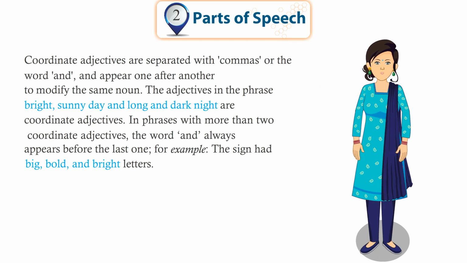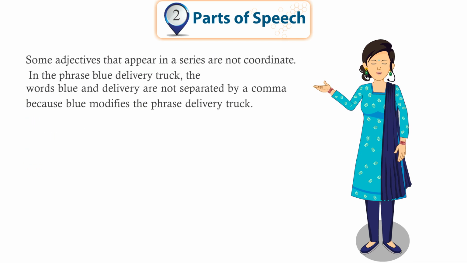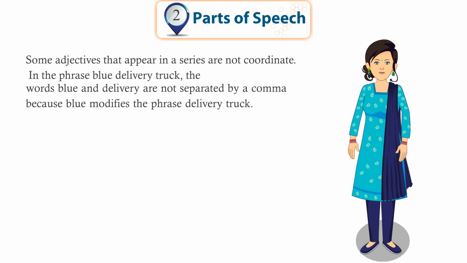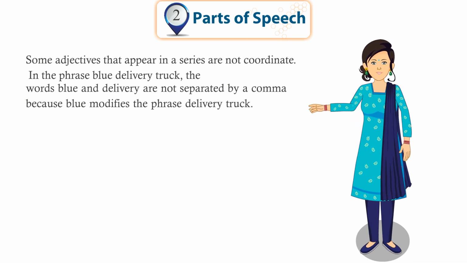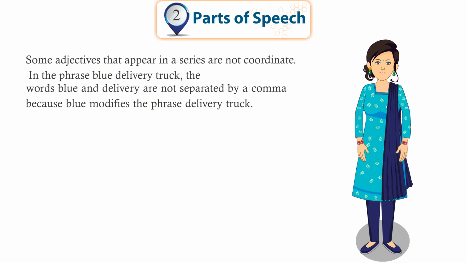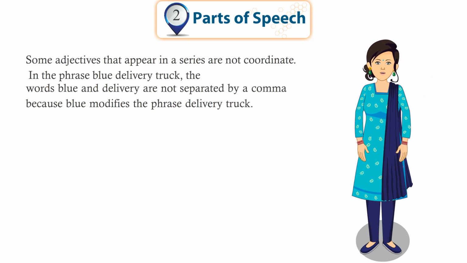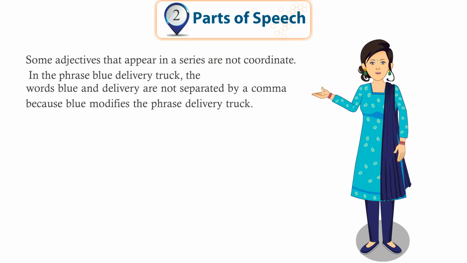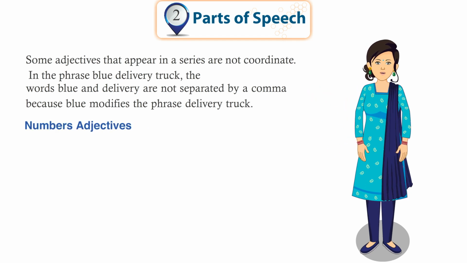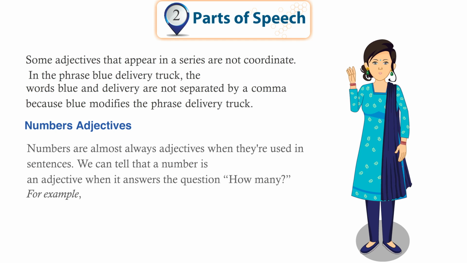For example, the sign had big, bold, and bright letters. Some adjectives that appear in a series are not coordinate. In the phrase blue delivery truck, the words blue and delivery are not separated by a comma because blue modifies the phrase delivery truck.